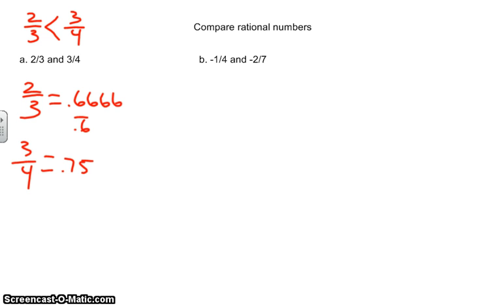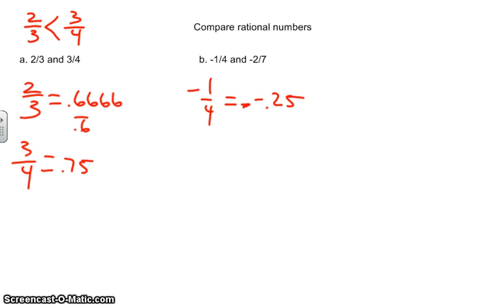Over on the other side, I need to remember the bigger the negative number, the smaller it is. Or the smaller the negative number, the closer it is to 0, so it's actually larger. So let's take a look at these. If I go -1/4, if I do out the math, I'm going to get -0.25.